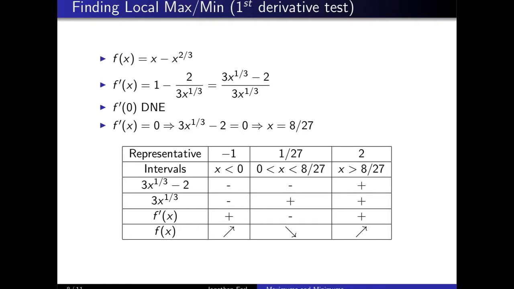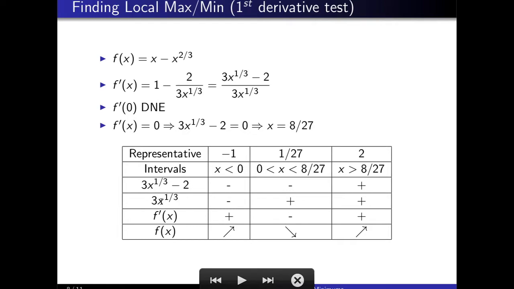So we'll put all of the factors in f prime that can possibly change sign on us into our table. So we have our numerator, which can change sign on us, and also the denominator. And then along the top, we'll put our critical points, so all of the places where these factors could change signs. So when we look at x values that are to the left of 0, something like -1, if you put -1 into here for x, you'll get something negative.